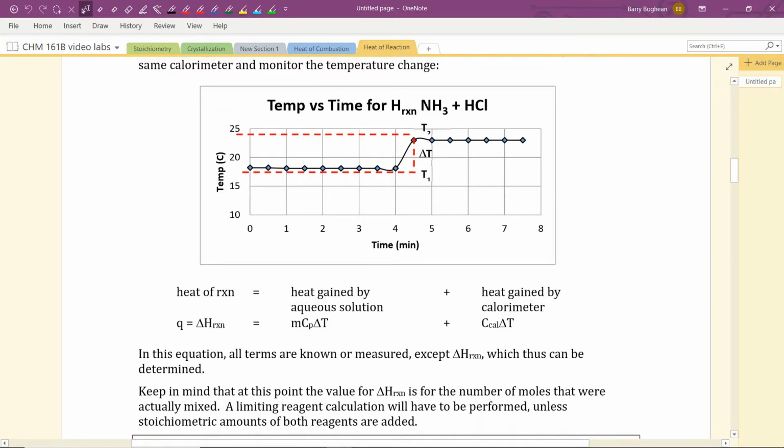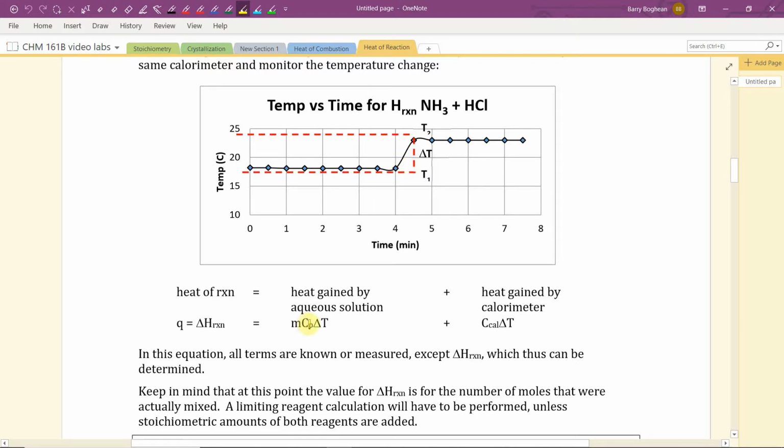We can calculate the heat of reaction in this fashion. We'll say the heat of reaction is equal to the heat gained by the aqueous solution plus the heat gained by the calorimeter. For the solution, we have mCp delta T. In this case, mass will be the sum of the two masses, 100 mils each, or total of 200 grams.